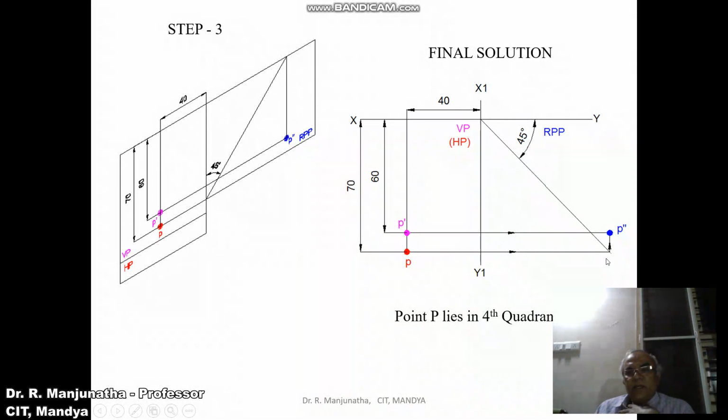Then draw a horizontal projector from P to the 45 degree line, so that the vertical distance of in front of VP, 70 mm, is transferred into a horizontal distance, and where the front view is, on that line you are going to get the side view. Then project from this point upwards, so that it intersects at this point. Write it as P double dash. So this is the side view, and then mark P dash, P and P double dash.